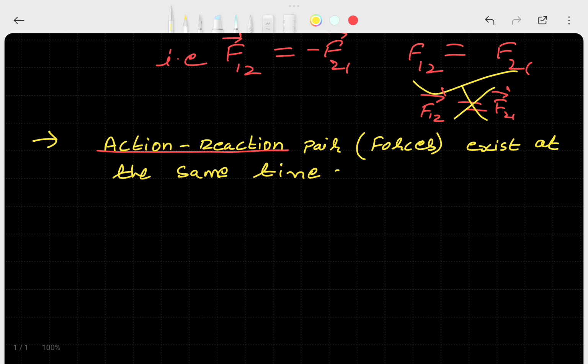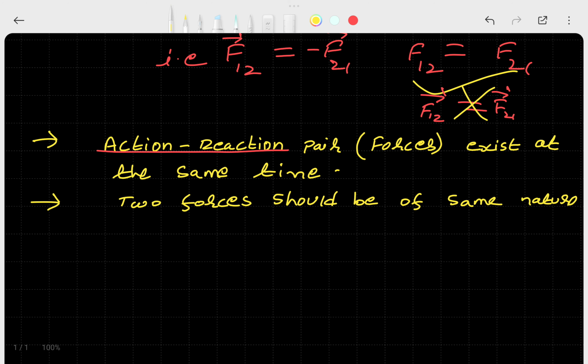And one more thing is that these two forces should be of the same nature, meaning the same type of force. For illustration, if one is gravitational and another is electromagnetic force, then these two forces are not the same.